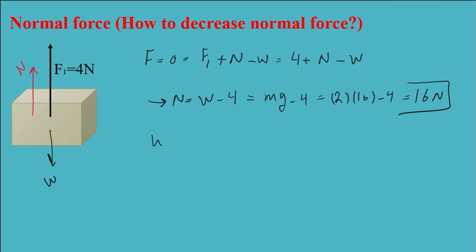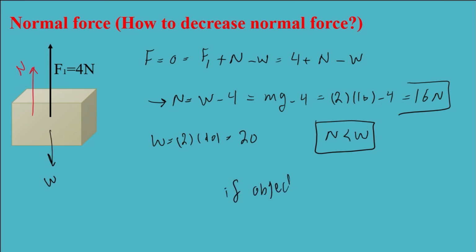Now if I calculate W, it's going to be 2 times 10, so it's 20, and obviously my N is less than W, correct? This is for the object if it is at rest, right, or moving with constant velocity, correct?